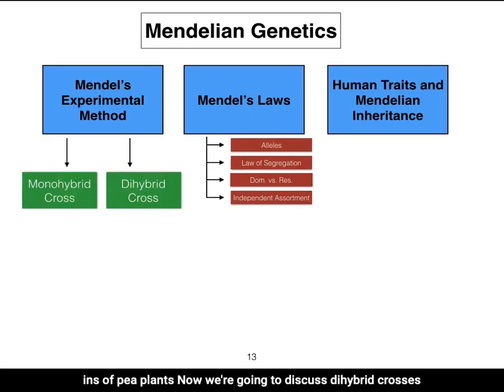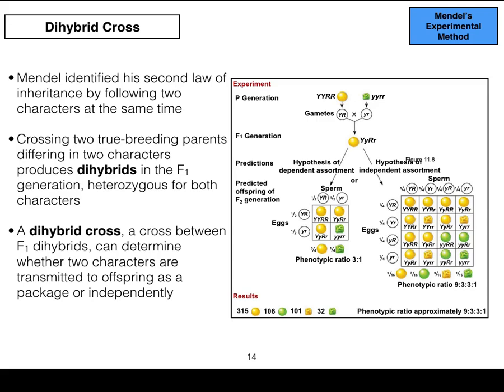Now we're going to discuss dihybrid crosses and how Mendel used these for his various experiments. Mendel identified his second law of inheritance by following 2 characteristics at the same time. By crossing true breeders for 2 different characteristics, you'll produce dihybrids in the F1 generation that will be heterozygote for both characteristics.